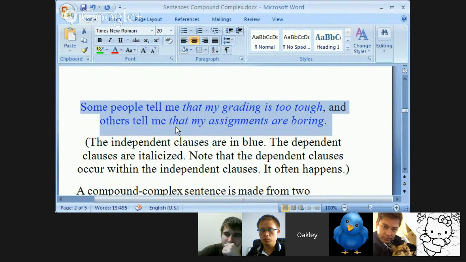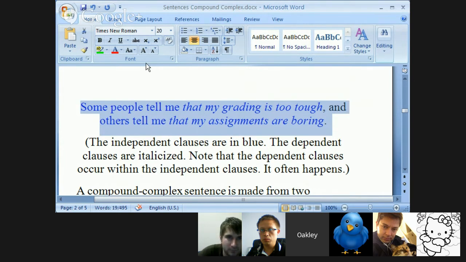Yesterday we looked at some sentences where the dependent clauses were in the middle, particularly relative clauses in the middle of an independent clause. The man who sold me the car was crazy. The man was crazy is the independent clause. Who sold me the car is dependent. It can go in the middle.